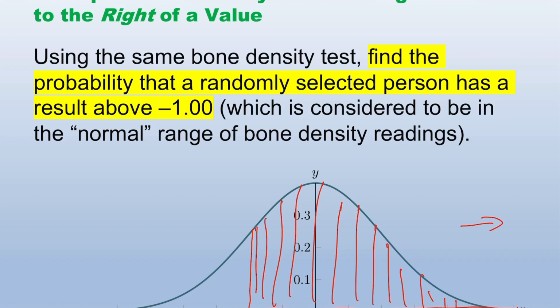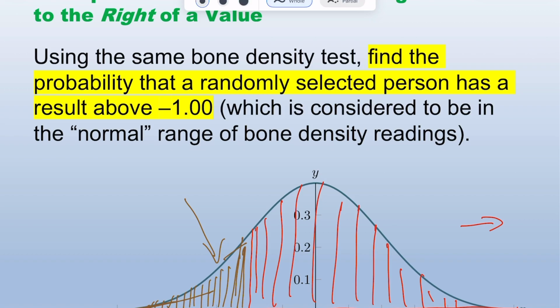The table will not tell me this area explicitly because the table only gives areas to the left. This one is to the right. However, the total area is 1, and the table will tell me the brown area.